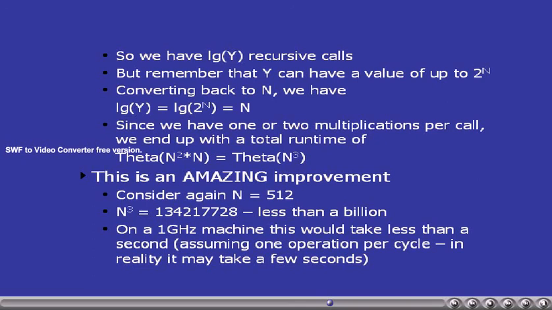Thus, the order of this algorithm becomes n square into n. That is, n square is meant for calculating the product of two n-bit numbers, and n, in the worst case, that many recursive calls are required. Thus, the complexity of this algorithm becomes order of n cube. This is comparatively smaller than the previous solution.